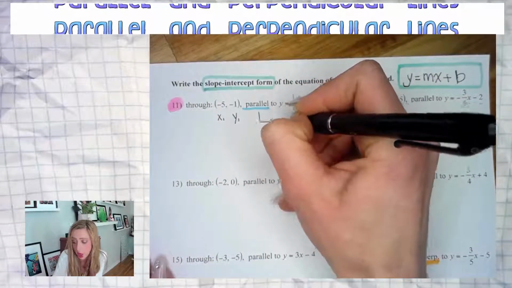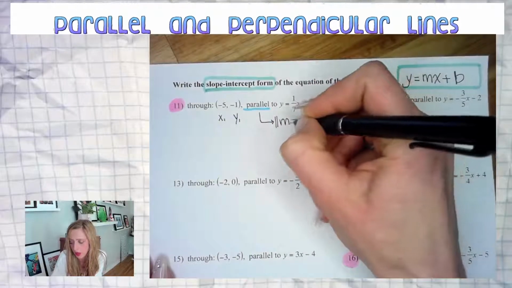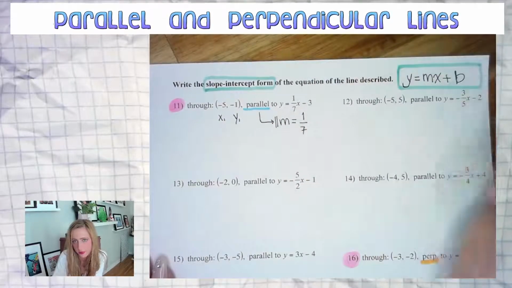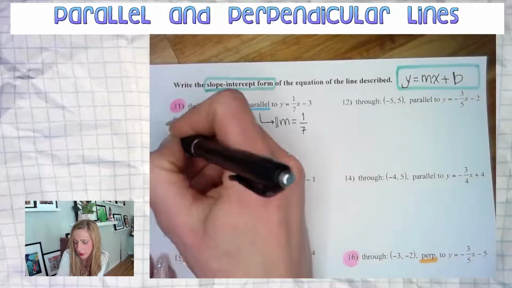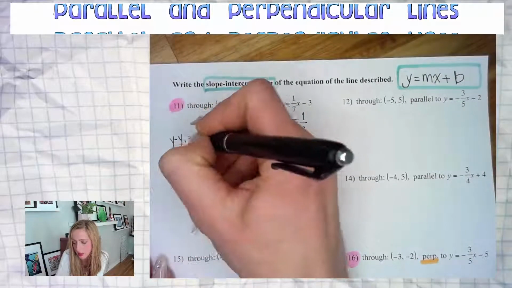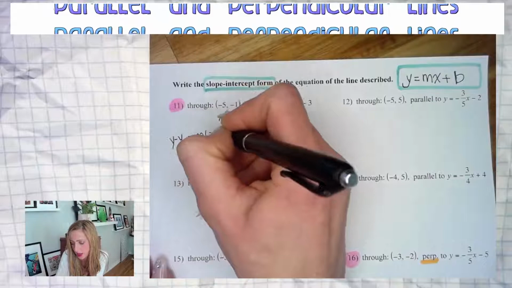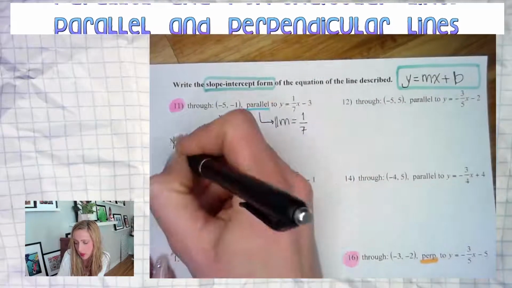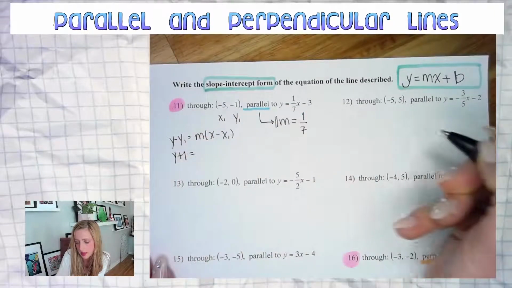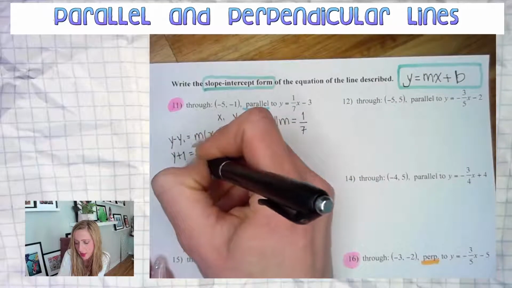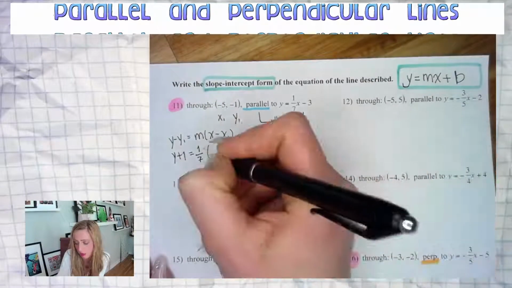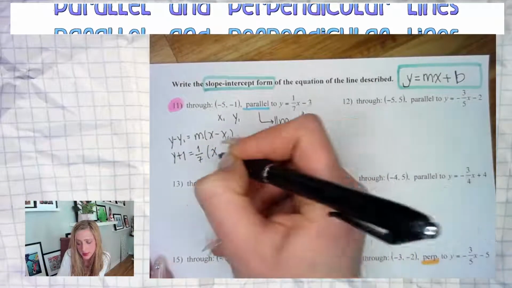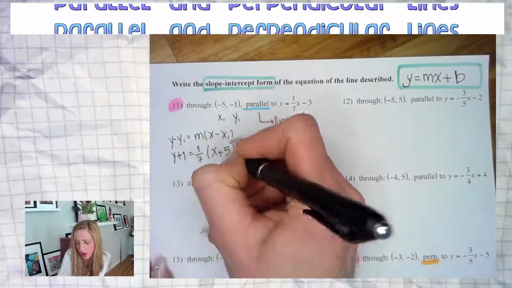Parallel, same slope, so parallel slope, it's going to be 1/7, okay? Fill them all in. We're going to start y minus y1 is equal to m times x minus x1. Y minus -1 becomes +1 is equal to m, 1/7, times the quantity of x minus -5, which is +5.